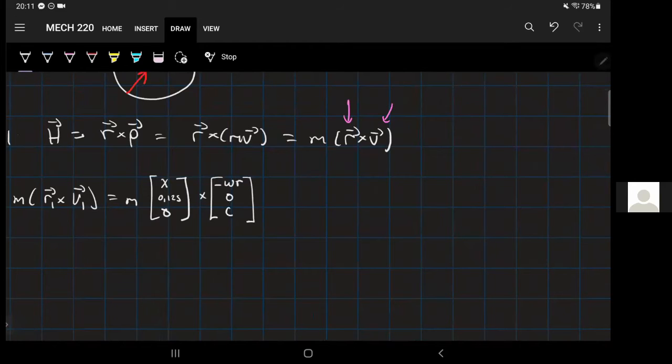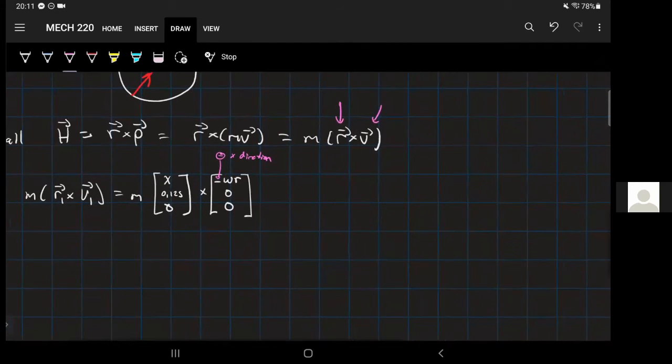And 0, 0. Why negative? This is negative because it's going in the negative x direction, right? And omega r comes from the fact that it's rolling with static friction, basically.